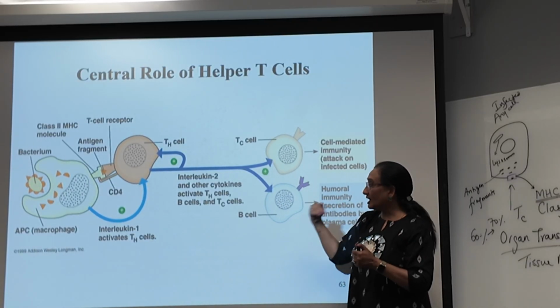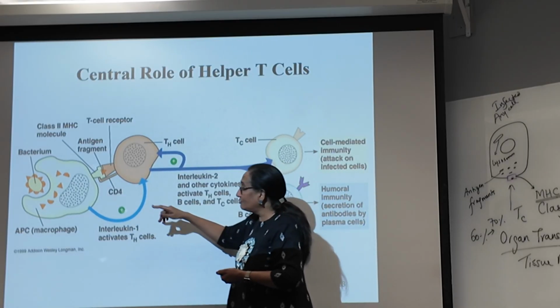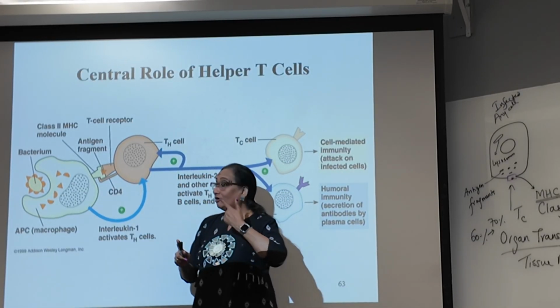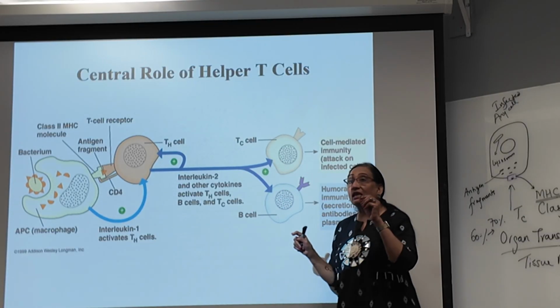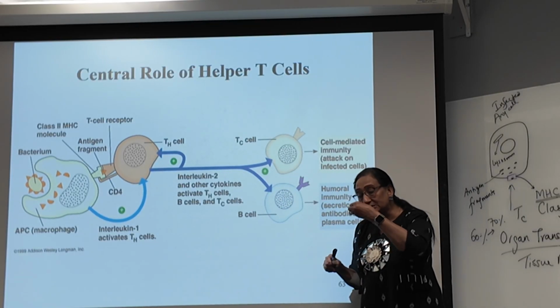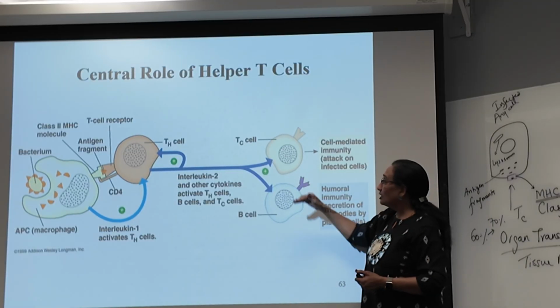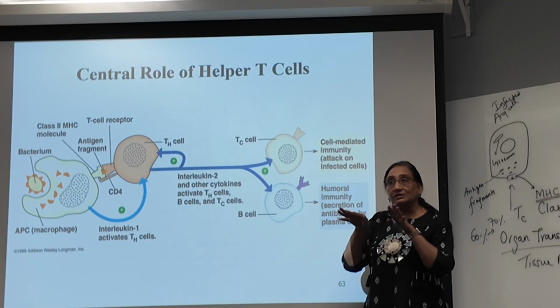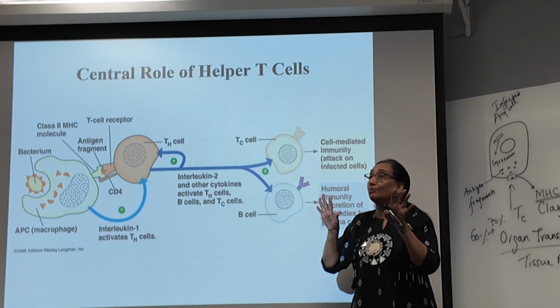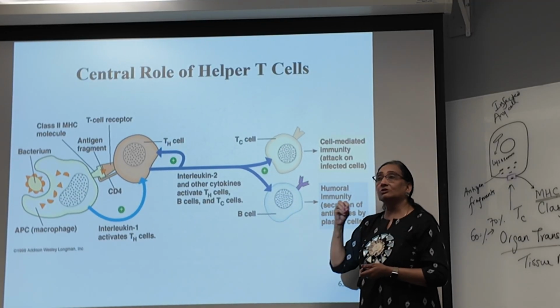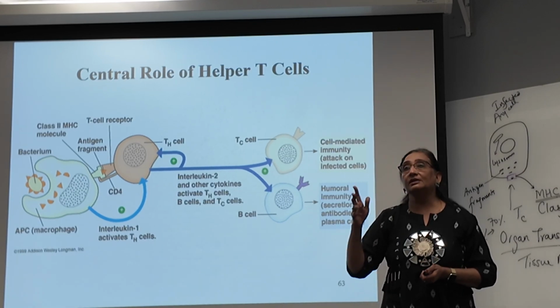So you are trying to take care of cells that are infected with the pathogen. You're also trying to take care of any of the pathogen that is circulating in the blood, or maybe it is in the tissue spaces. So you're ensuring that the attack is on both, not just on infected cells, but also on any circulating pathogen.